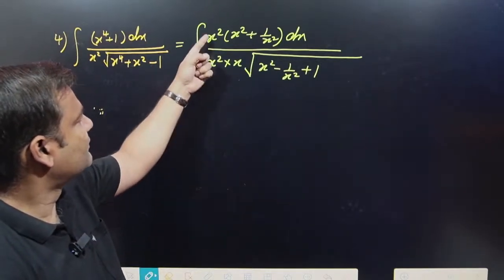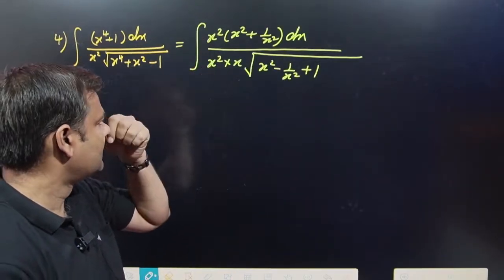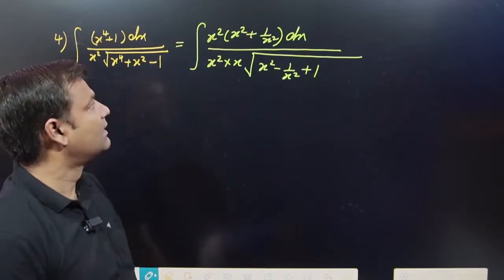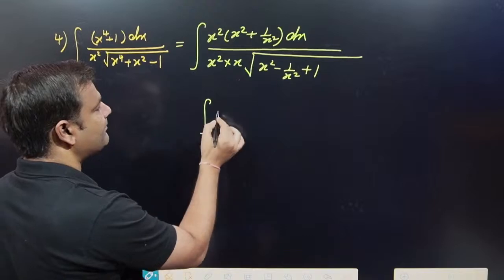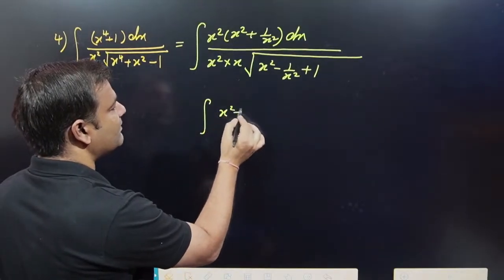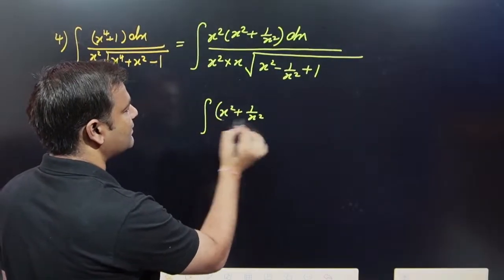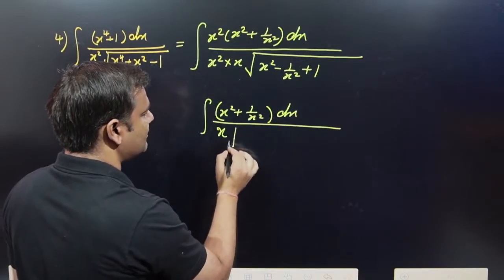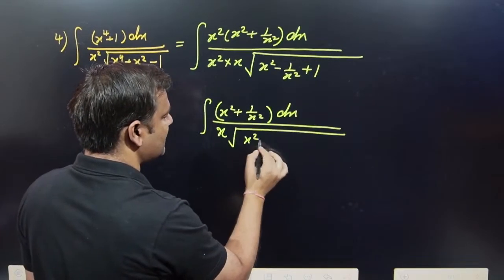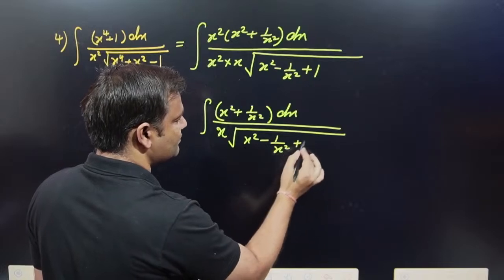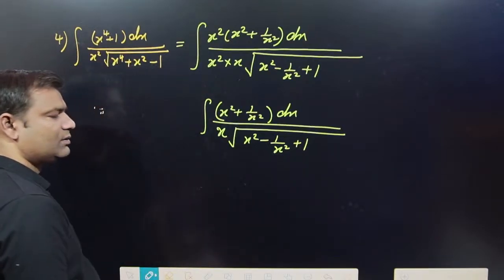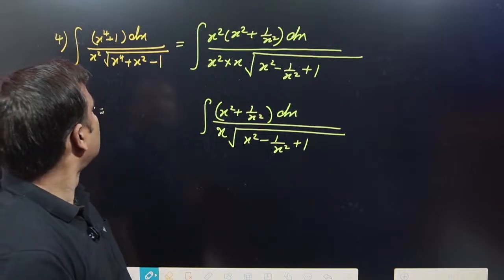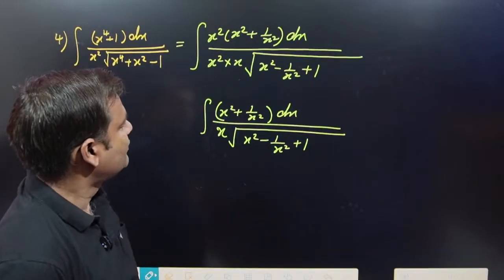So what about that value? Here x square and here x cube. So x square cancels, simply x. And that one is written x square plus 1 by x square into dx divided by how much? x under root x square minus 1 by x square plus 1. Okay. No more advantage.